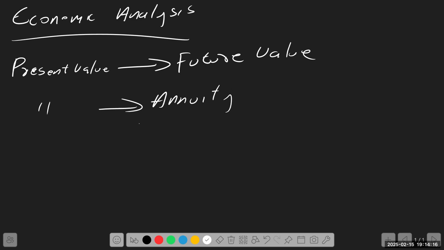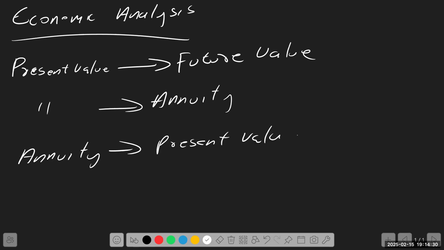Okay. Then vice versa also, annuity, they ask us to find out the present value and future value also.